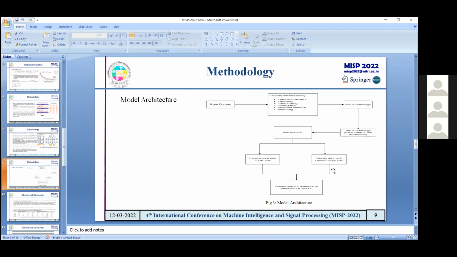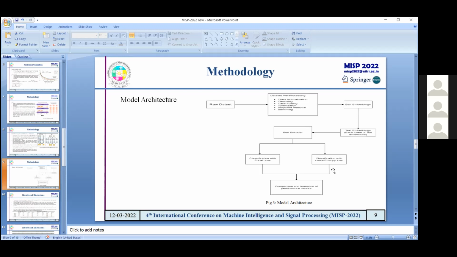Now coming to the methodology, that is the model architecture used here. After the data set was formed, data pre-processing was done, with methods like class normalization, in which reviews were normalized to positive, neutral, and negative classes, and data cleaning, in which all characters like hashtags and other non-alphabet characters were removed. Then tokenization was done, in which a sentence is broken into individual words.